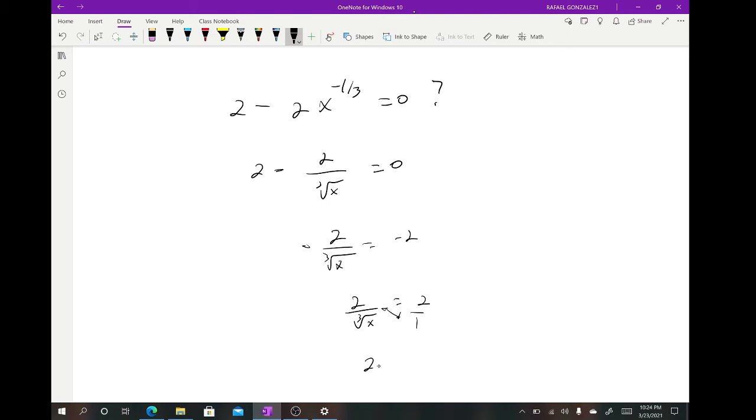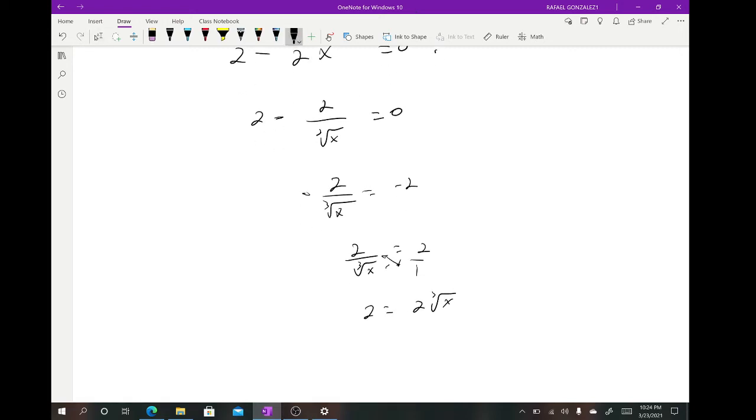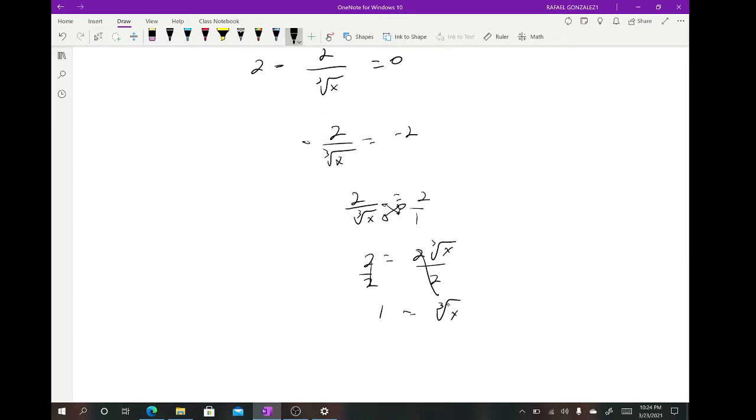So we have 2 is equal to 2 cubic root of x by cross multiplying, and then we divide by 2 on both sides. So we have 1 is equal to cube root of x. If we cube both sides, we have 1 is equal to x.